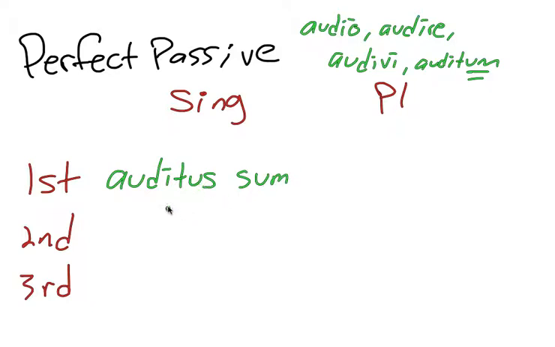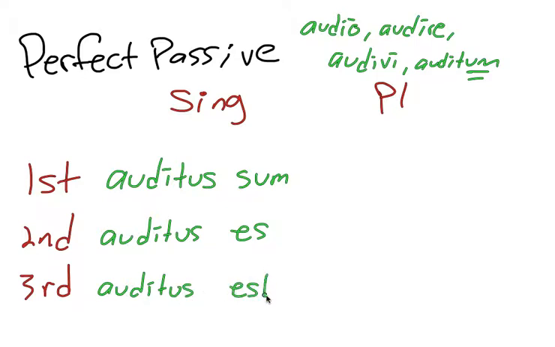So auditus sum. The second person singular would be auditus es, just like I were conjugating sum in the present tense. And third singular, auditus est. Okay, first plural, auditi, I changed the US ending to plural.